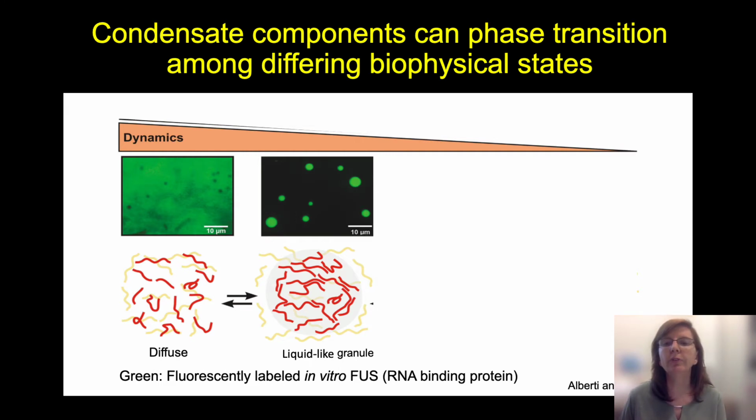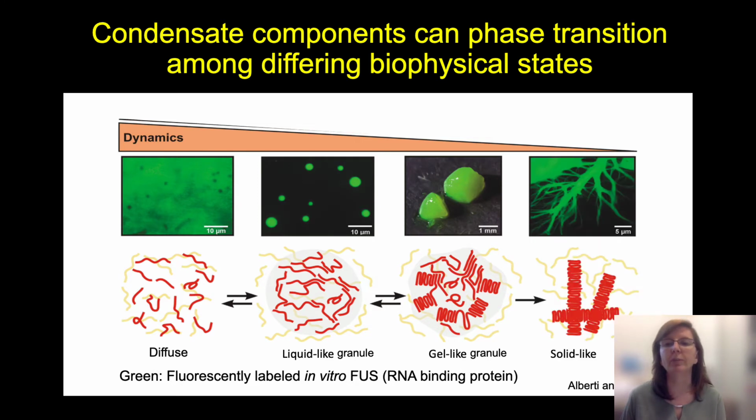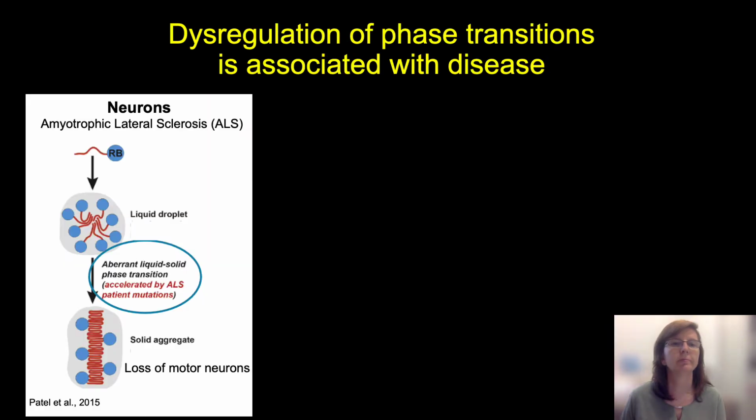They can also further transition and condense into a gel-like granule. A solid-like state can also be achieved, which is not reversible and is sometimes associated with a pathological state. For example, in ALS patients, mutations promote aberrant phase transitions of the FUS protein into solid aggregates, which are associated with the loss of motor neurons.